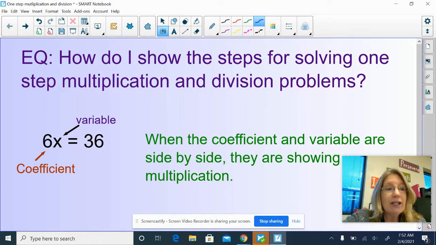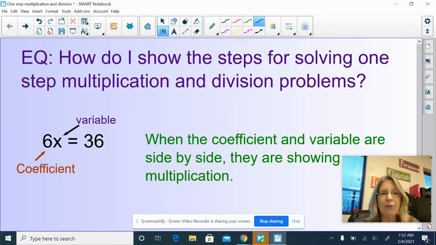The letter, it could be an M, it could be an N, it could be a T. What else is common? V. It could be any letter, but it represents an unknown number, and we call that the variable. All right? So 6 is the coefficient or any number, and then the letter is the variable.